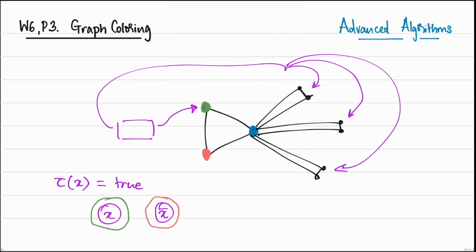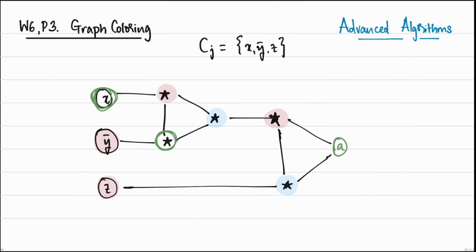I really encourage you to either skim through the notes a little bit or try to work through this yourself to be sure that you have all the details right. One thing that I'm certainly leaving as homework is to figure out all the cases in the forward direction, to make sure that if you have a satisfying assignment, you can actually extend the coloring on the clause gadget.